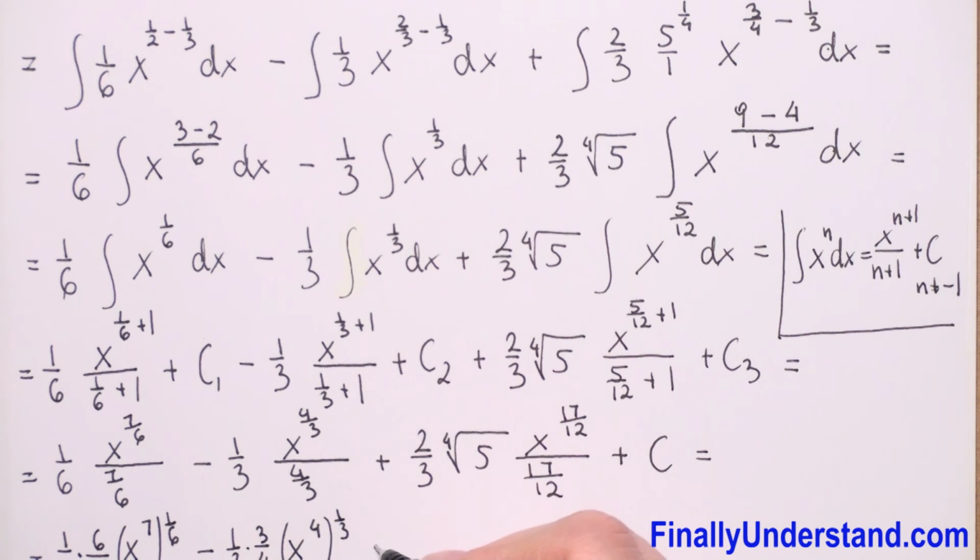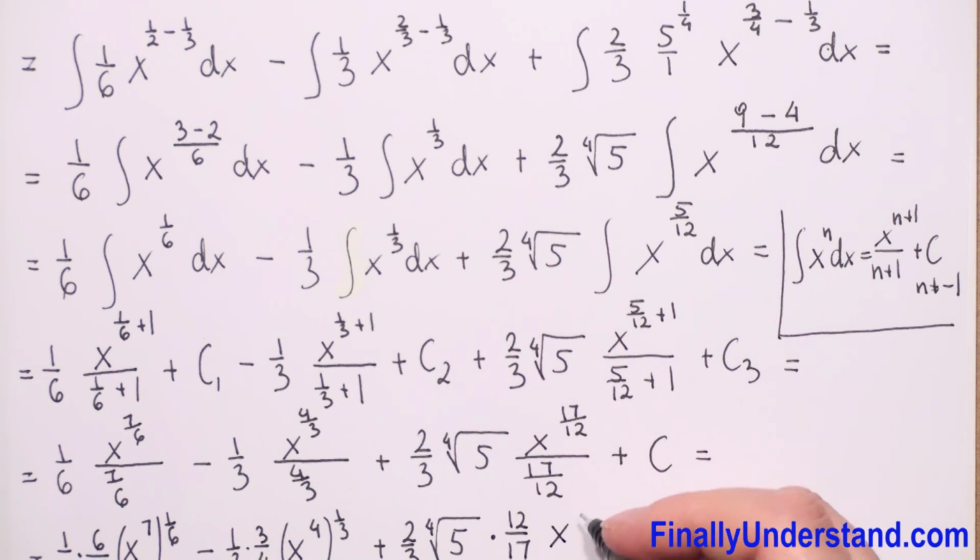We can rewrite plus 2 over 3 fourth root of 5 times 12 over 17, and we have x to the power 17/12 plus c. So this is equal to the power, of course, 1 over 12.